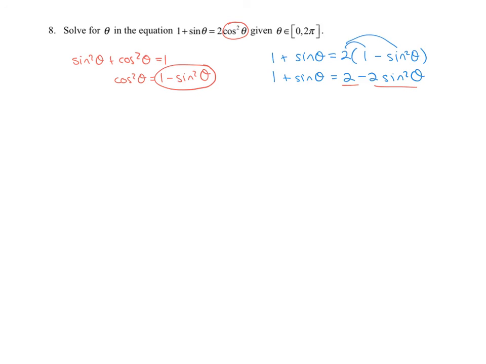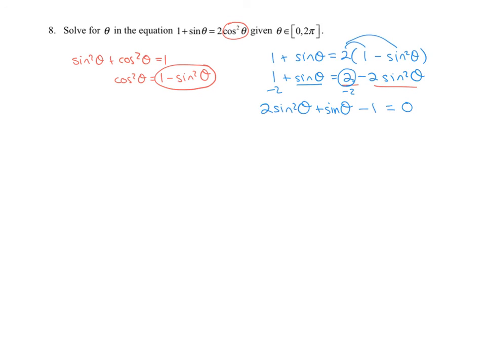So I'm going to start by adding 2 sine squared theta, and it will end up as positive 2 sine squared theta on the left-hand side. And then I'm going to copy down the sine theta that's already over there. And then I'm going to subtract the 2 from both sides, and we end up with minus 1 on the left-hand side equal to 0.